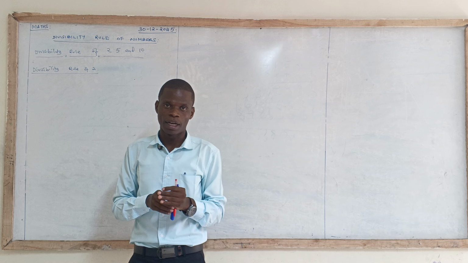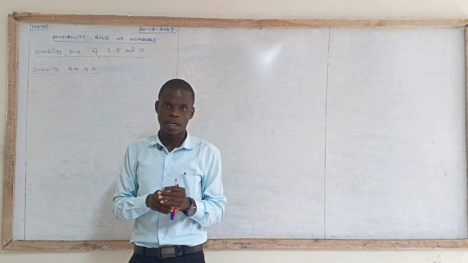So the instruction is very easy. Test. Don't divide the numbers by 5. You're being told to test if they are divisible by 5 or not. So we are not going to divide them by 5, but we are going to check.